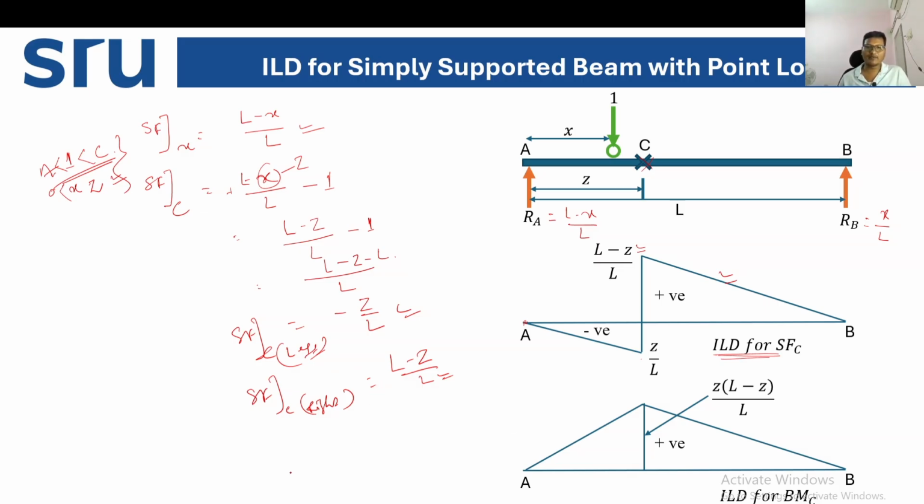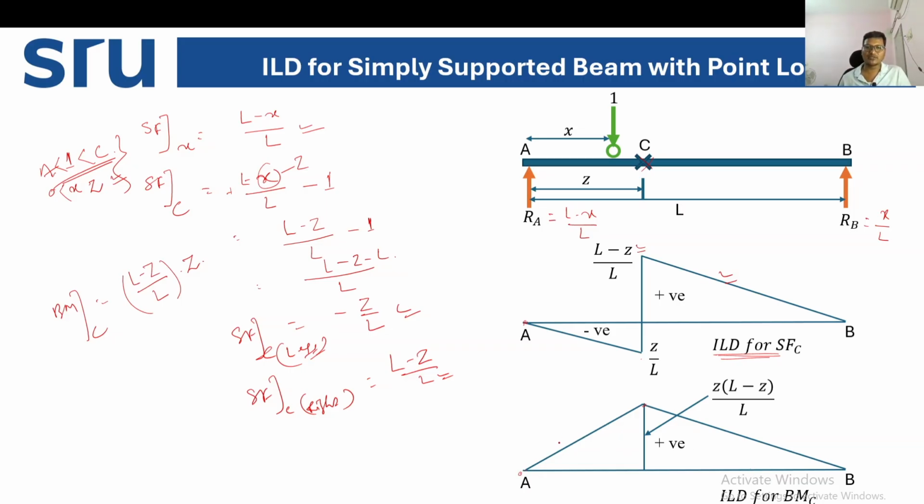In a similar way, if you find the moment at C, the moment at C will be Z into your reaction, which is nothing but (L minus Z) by L, into Z. So Z into (L minus Z) by L. So your moment at C is Z into (L minus Z) by L. Here the moment is 0, and here the moment is 0.